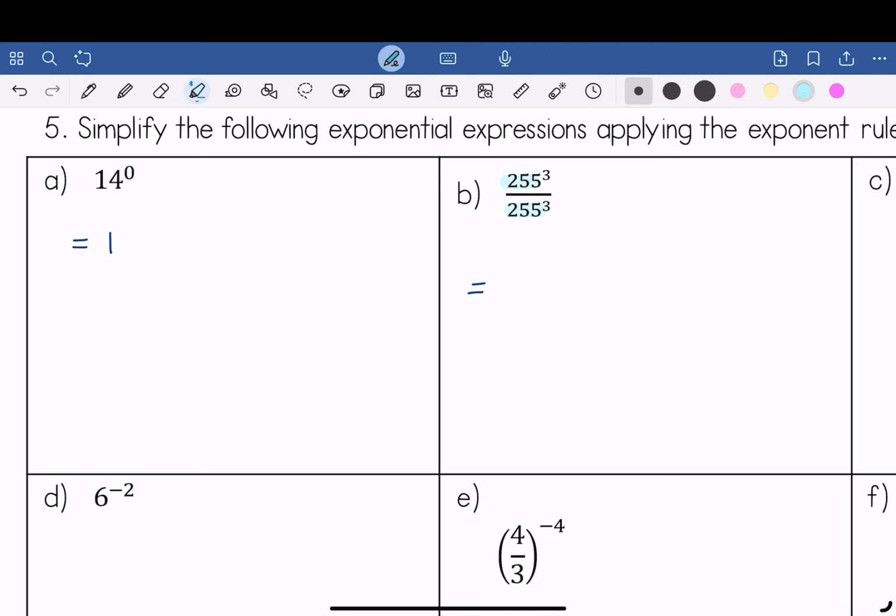So applying the quotient rule, we will subtract the exponents. So it's 255 to the power of 3 minus 3, which is equal to 255 to the power of 0, which the zero exponent rule states that it is equal to 1.